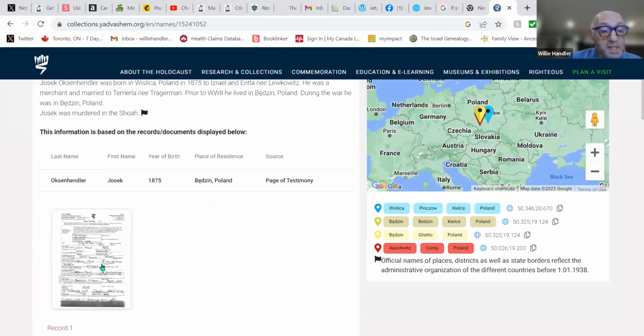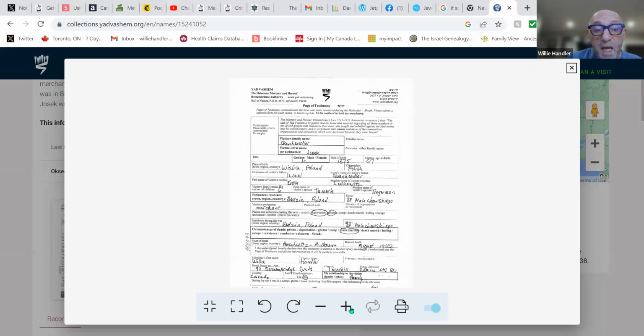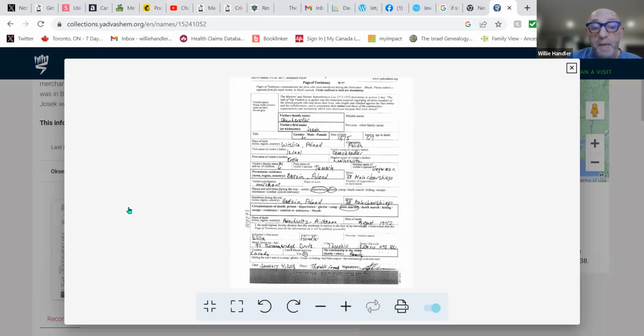And this is what the page looks like. And just some basic information, whatever I knew about my grandfather, as far as when he lived, when he died, his family and other family members.